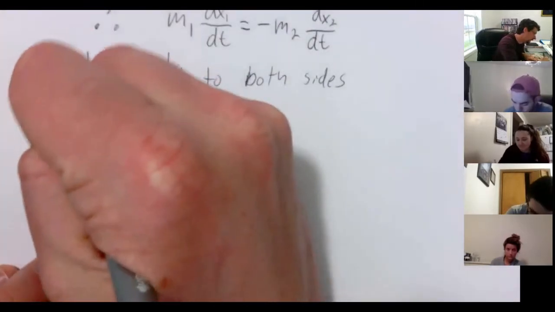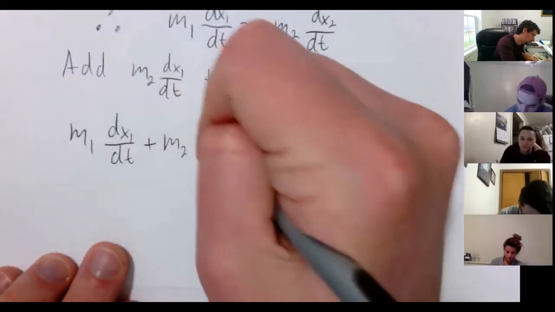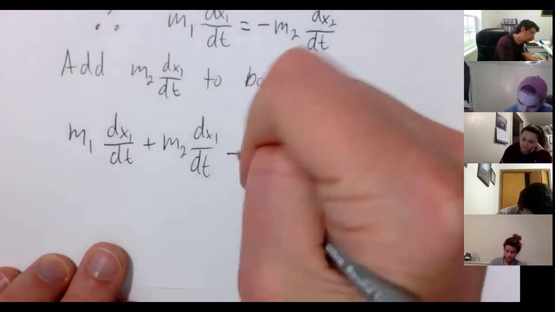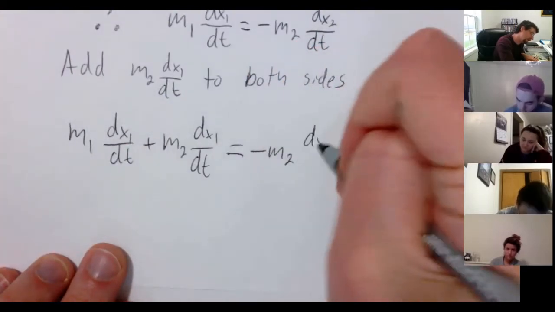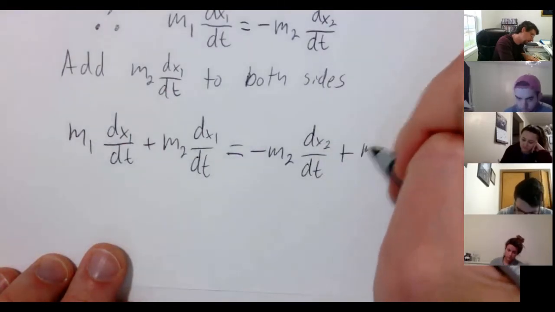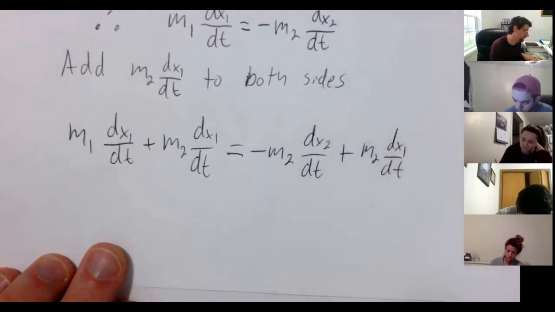Okay, so we have m sub 1 dx1 dt plus that term that we just introduced, m2 dx1 dt. And then we have our other side where we have negative m2 dx2 dt plus m2 dx1 dt.